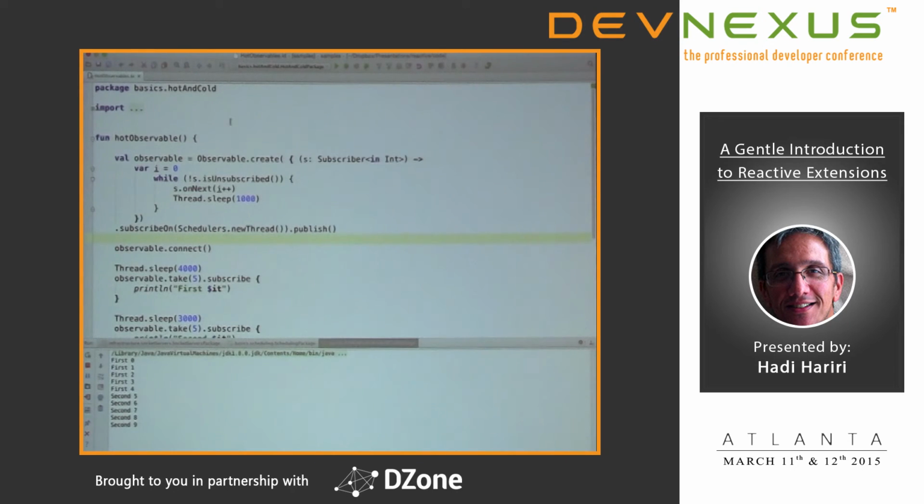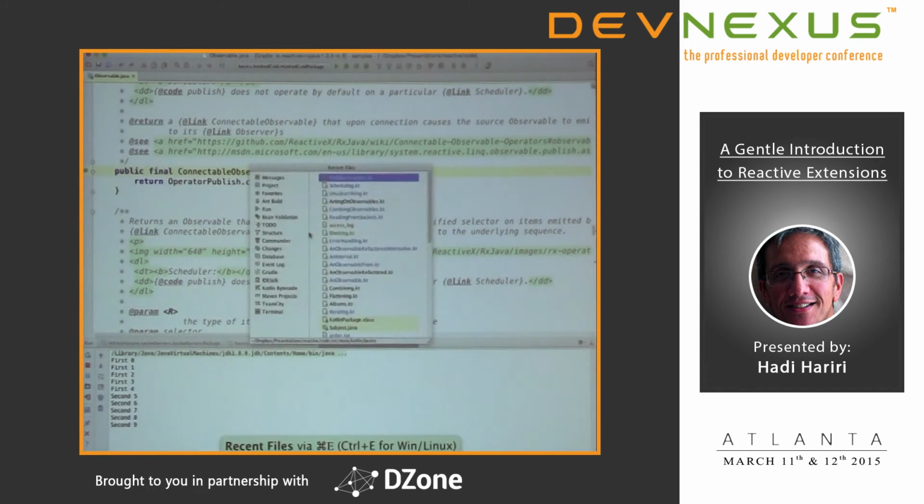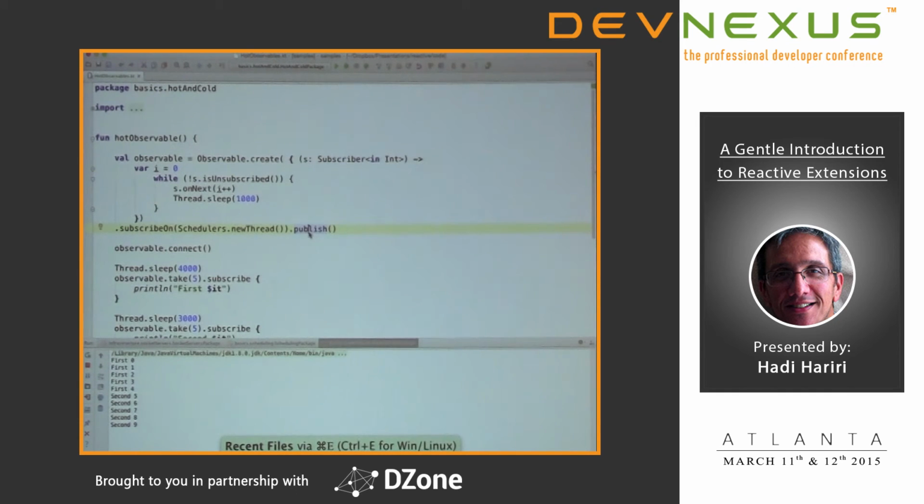So here what I'm saying is go and do this observable and then schedule this on a new thread. Okay, so I don't want to use the main thread, and then publish. What publish is going to do is return this concept called a connectable observable. In essence, think of it as a virtual observable that allows you to kick off the observable without really subscribing to it, right?